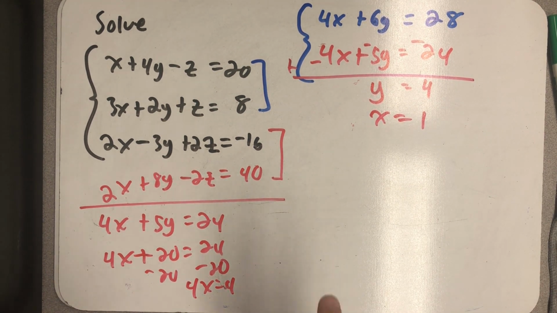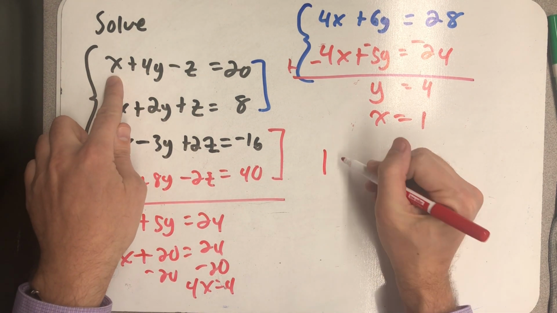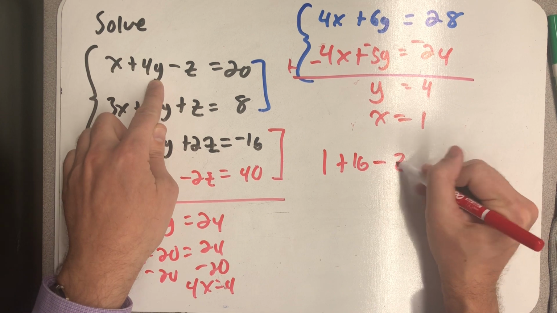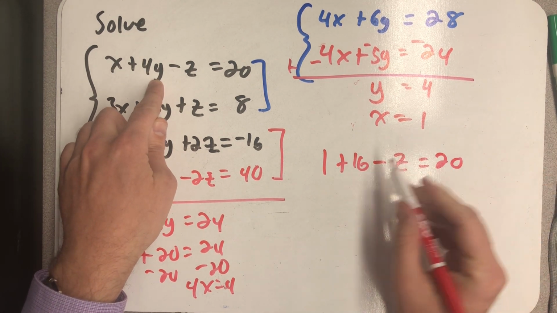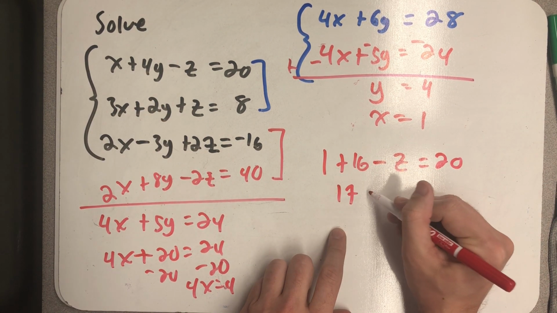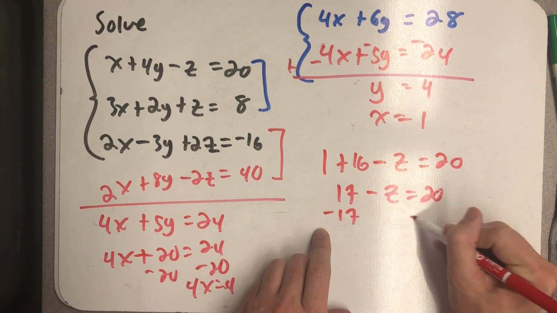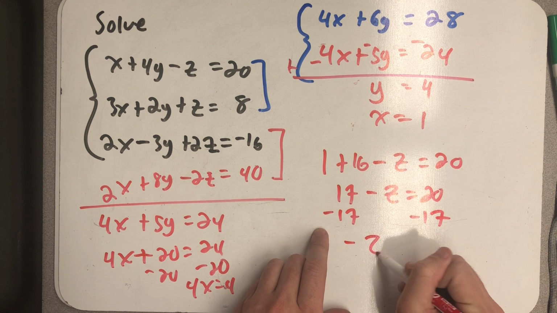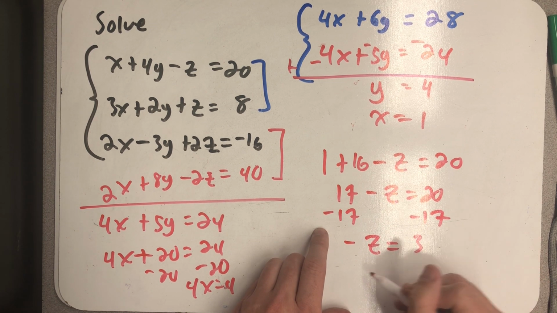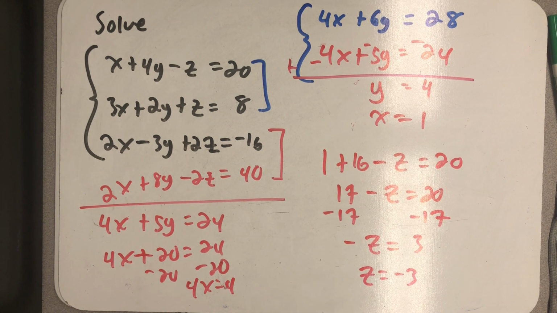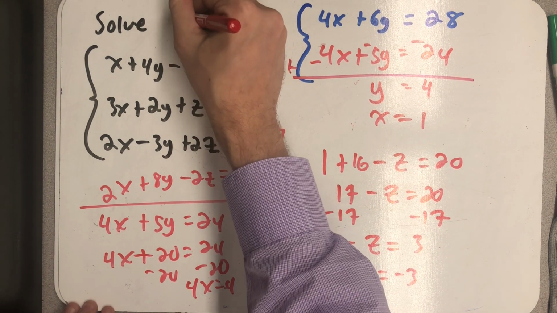I know x and y, let's use this top equation to find z. 1 plus 4 times 4 is 16 minus z is equal to 20. So I have 17 minus z is equal to 20. Let's take 17 away from both sides. I have minus z is equal to 3, so z is equal to minus 3. So I've solved this system of linear equations.